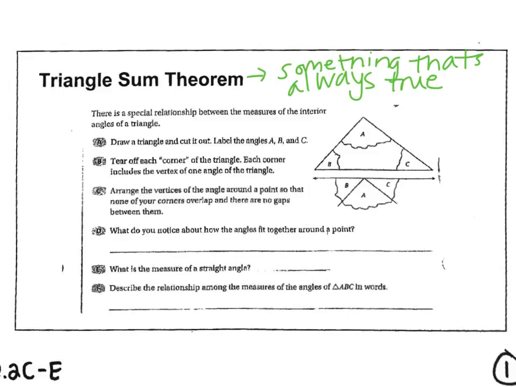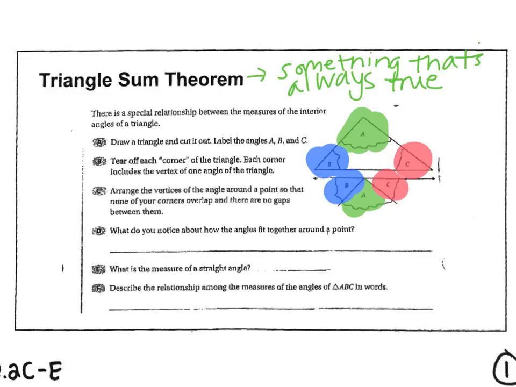So you could do this at home. I'll show you in class tomorrow. If you take a triangle and tear off each of its corners, corner A, corner B, and corner C, which really just represent the triangle's angles, and if you line them all up, what you'll notice is that putting angle A and angle B and angle C together results in an overall straight line being formed.